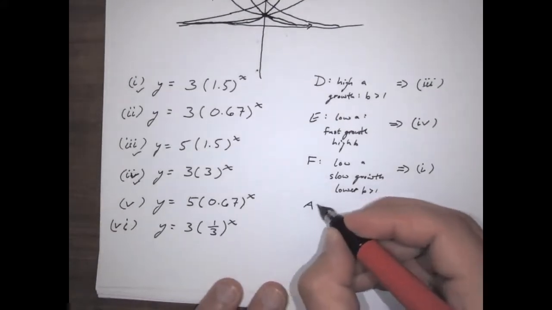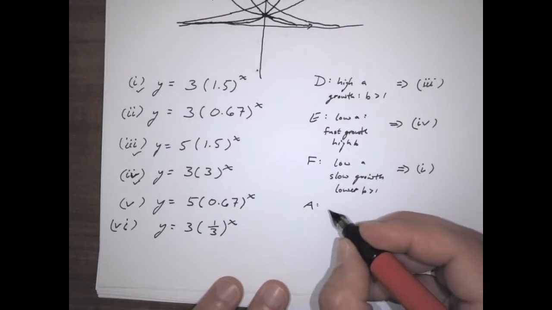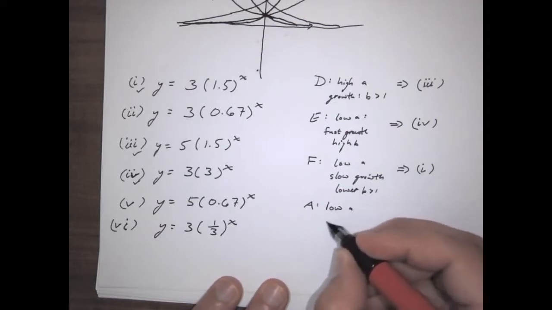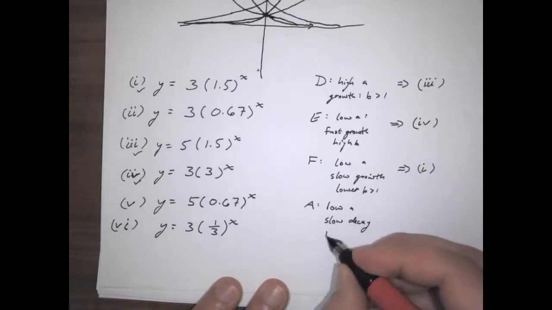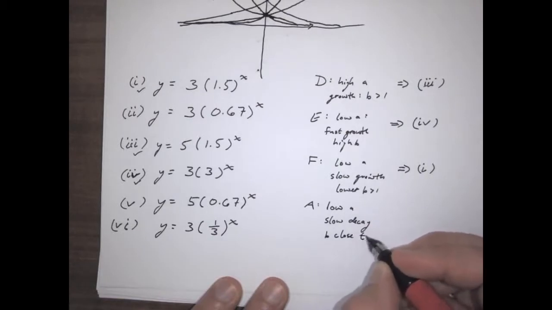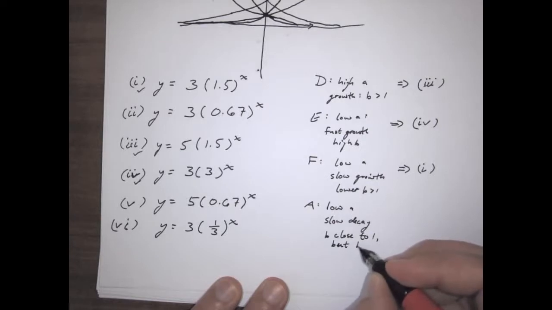And then for a, what we're talking about on that side looks to be the mirror image of f, which means that it is the low a and it is the slower decay. So that means b close to 1 but below.